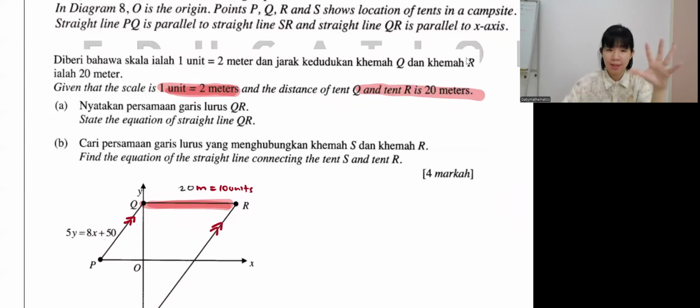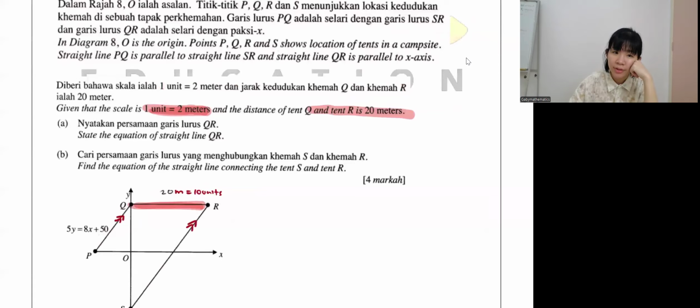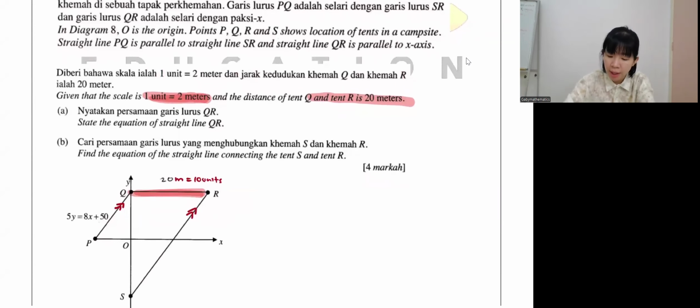Then after that, what else do they give us? No more already. So they ask us to find part A: what is the equation (persamaan) of line QR? The one that I highlighted, QR. You know that it's a horizontal line, guys.